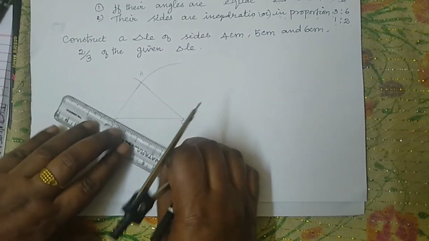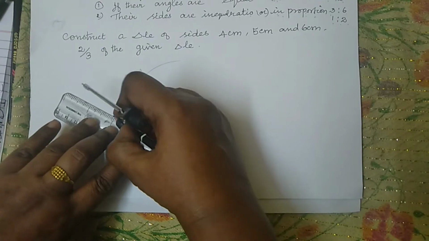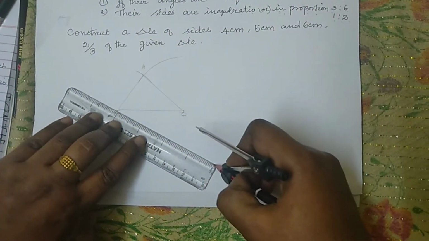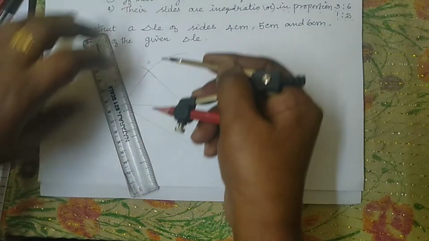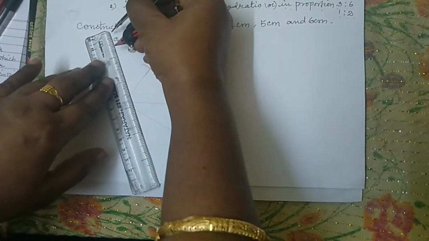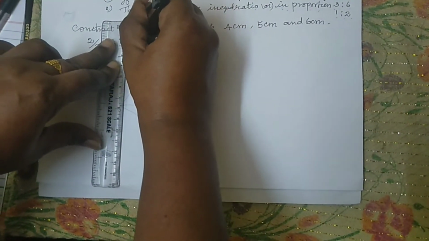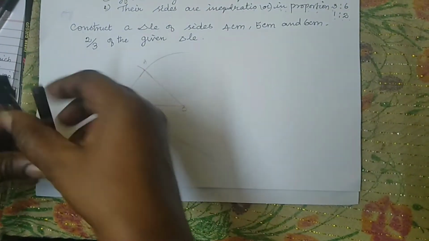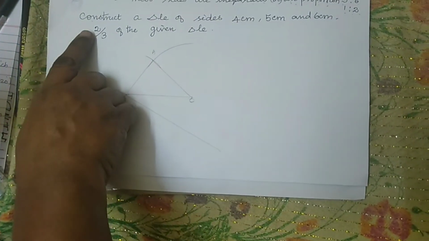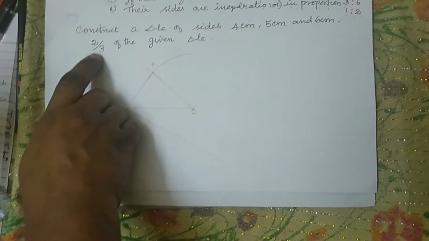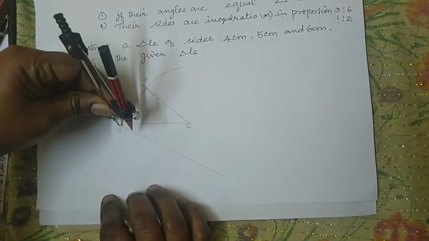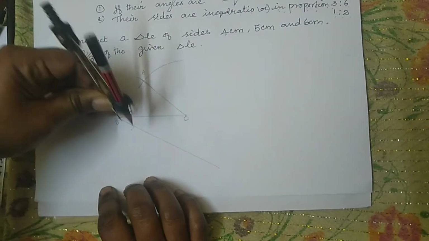Now draw one acute angle. Now I take any measurement. Now I divide this into how many equal parts I need. It is 2/3. So I take 3 parts.